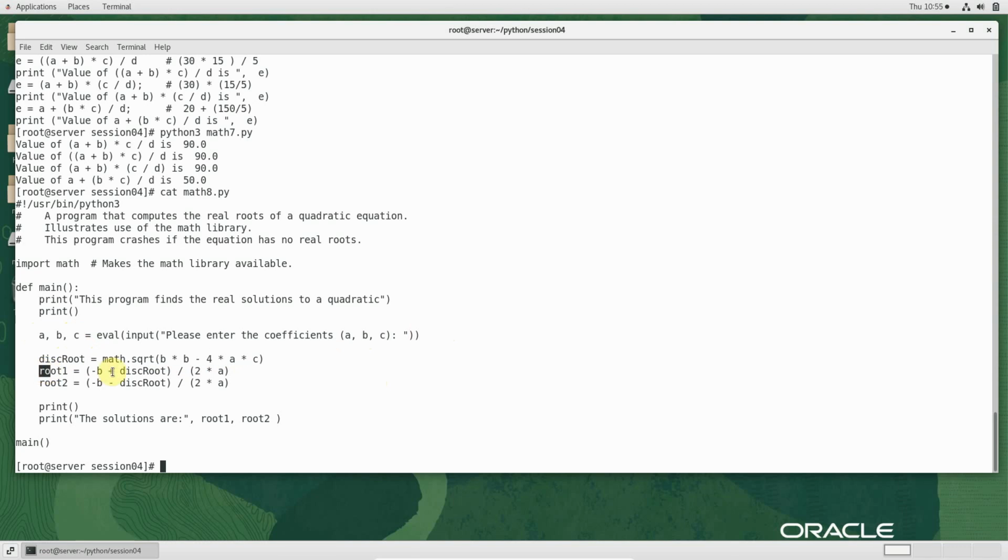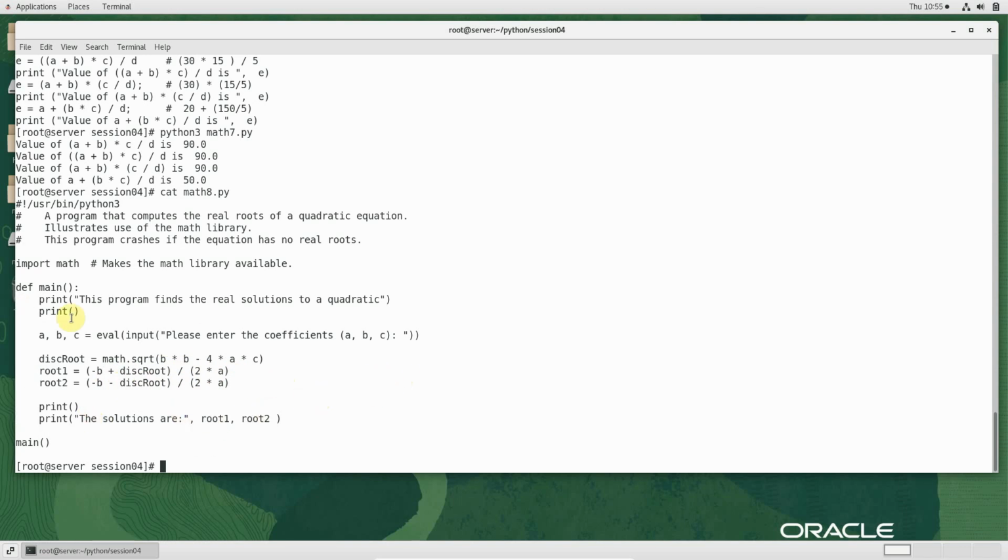Now root 1 will be minus B plus the square root of b square minus 4ac, divided by 2 multiplied by A. Similarly, minus B minus this value, divided by 2 multiplied by A, and then the solutions will be displayed here. Let's try.